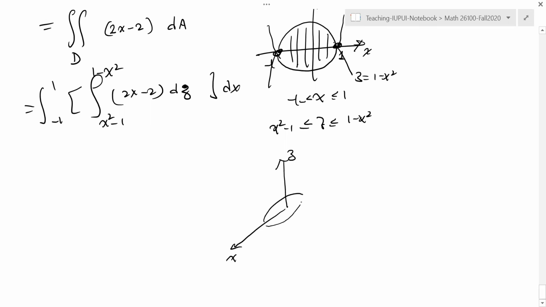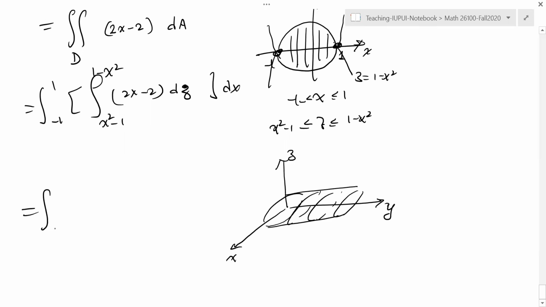This is still the picture, right? All right, so this time, the y variable for the points in the solid is between 0 and 2.